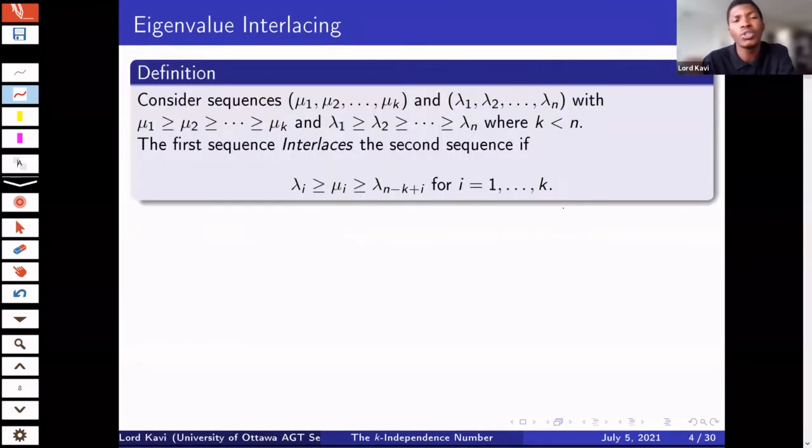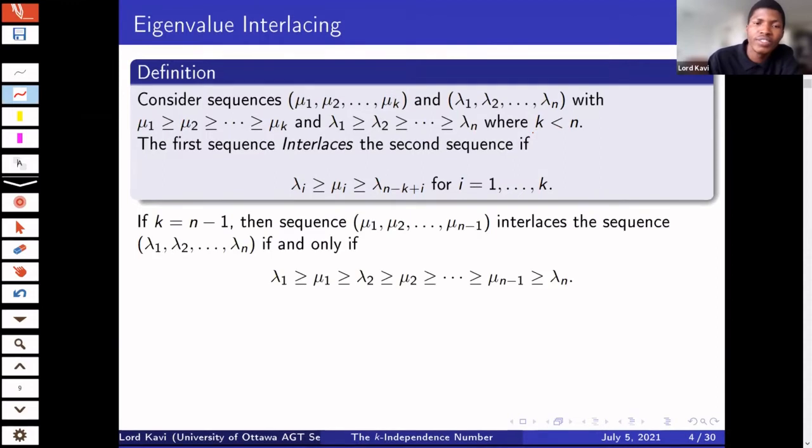More formally, if you consider 2 sequences, mu 1 to mu k and lambda 1 to lambda n, which can all be ordered, and k less than n, then we say the mu sequence interlaces the lambda sequence if we have lambda i greater than or equal to mu i, and mu i greater than or equal to lambda n minus k plus i, for all i from 1 to k.